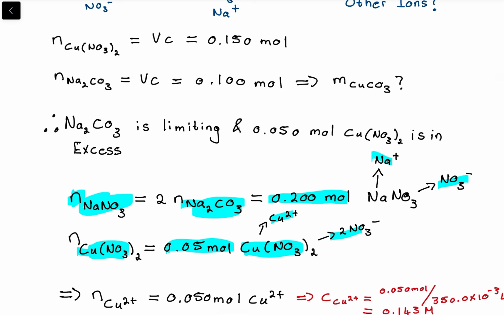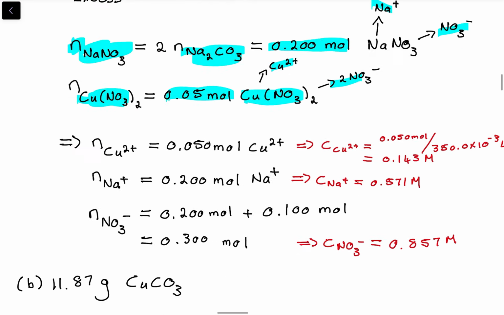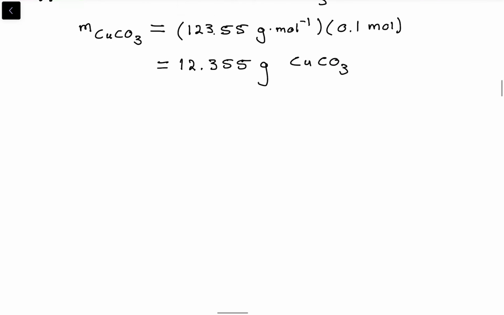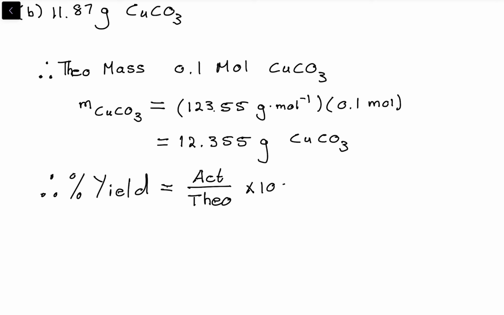So the 0.1 mole of sodium carbonate produces 0.1 mole of copper carbonate because it's a one-to-one reaction. So the theoretical mass of 0.1 mole copper carbonate is that. So then the percentage yield is equal, of course, to the actual divided by the theoretical, multiplied by 100%.